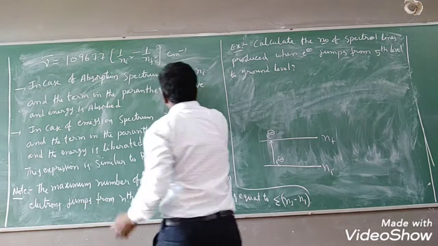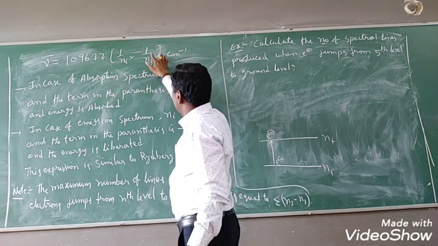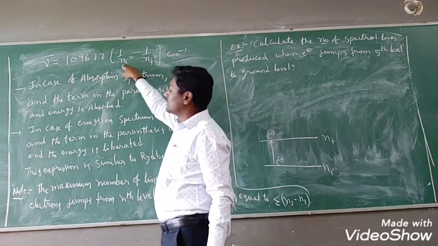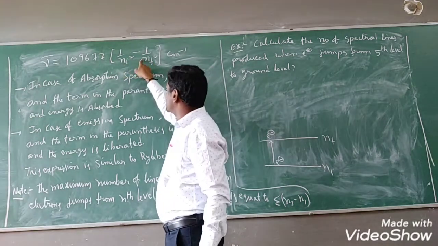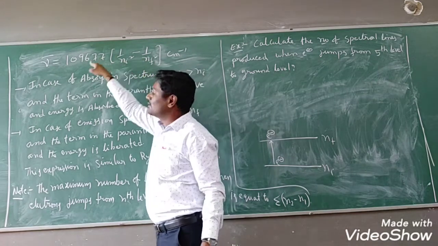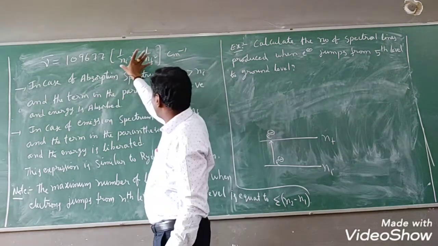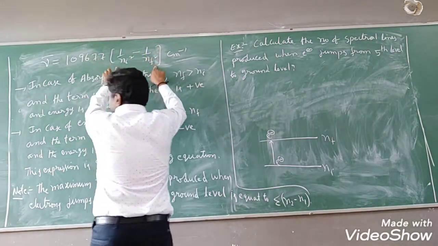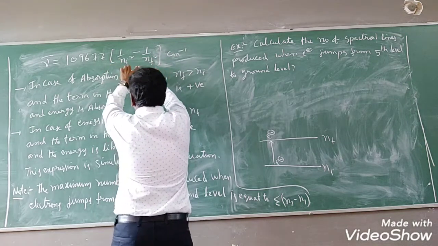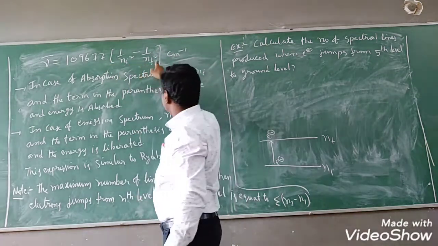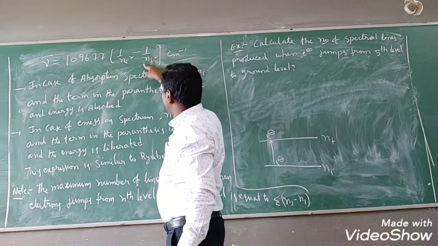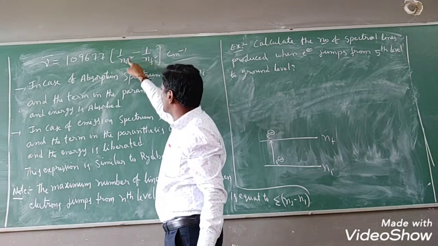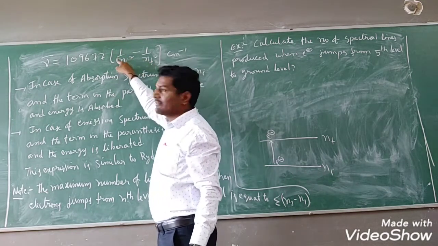Now observe here, whenever the Nf value is high, 1 by Nf square will be very small. So you are subtracting a very small value from some bigger value. In the bracket, you will get a positive value, because Nf is very high and 1 by a very high value is very small.